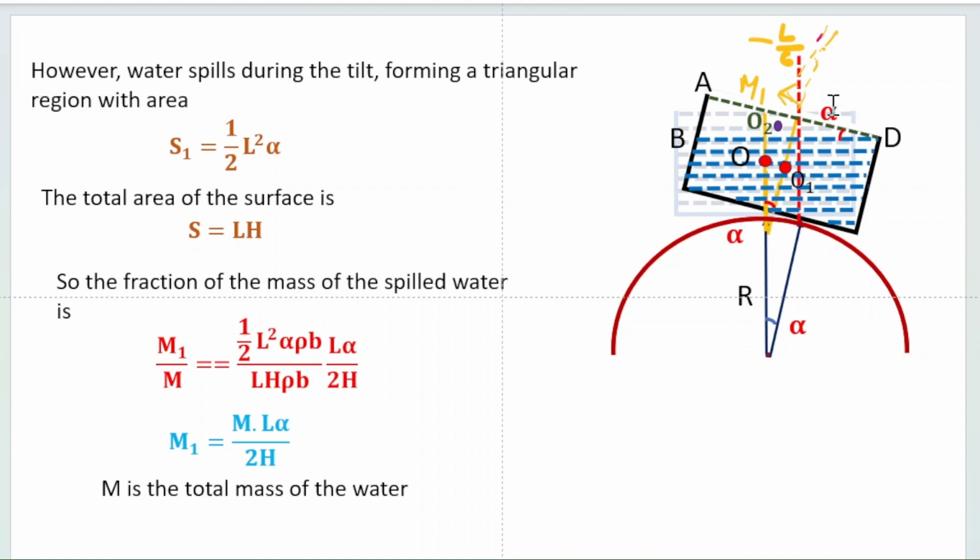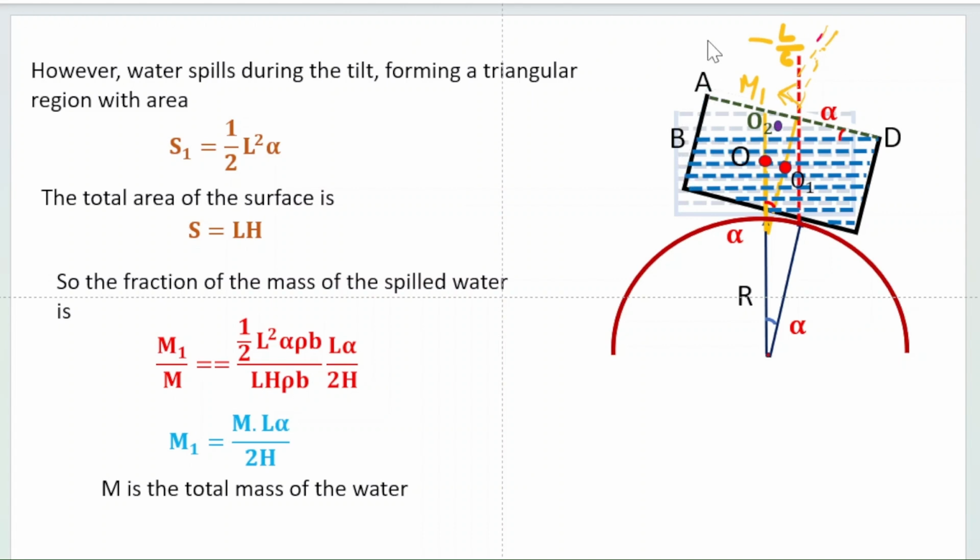How to calculate it? During the tilt, some of the water is spilled out of this container. The removed mass forms a triangle here, that is ABD, whose center of mass is at O2. The removed mass I can write as M1 and it is supposed to be concentrated at point O2.